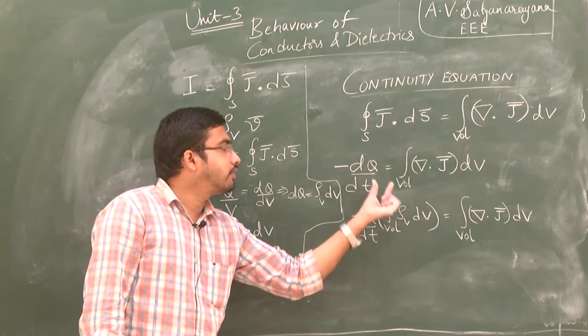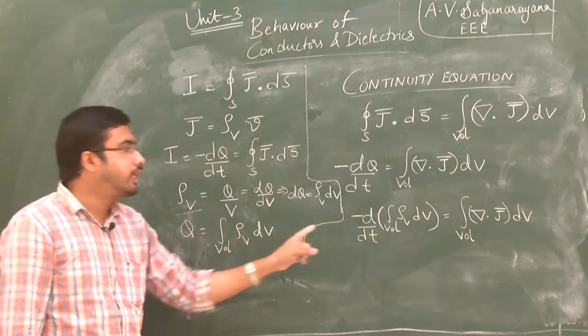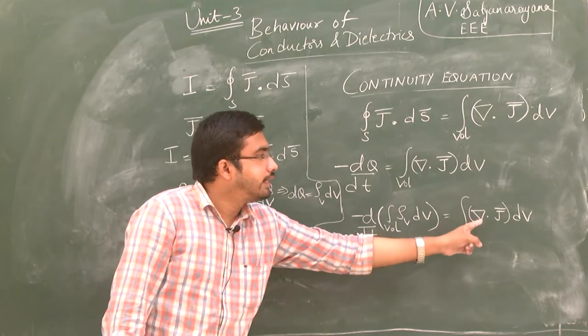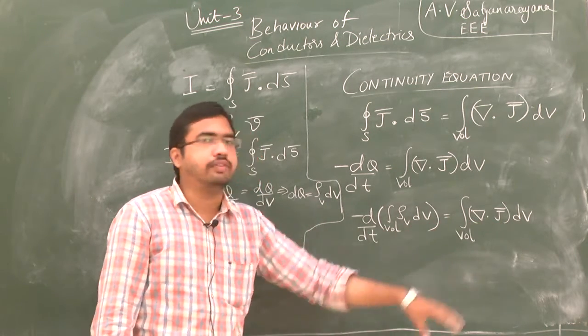In the place of q, I have substituted the volume integral of rho v dv: minus d by dt of the volume integral of rho v dv is equal to the volume integral of del dot j bar dv.